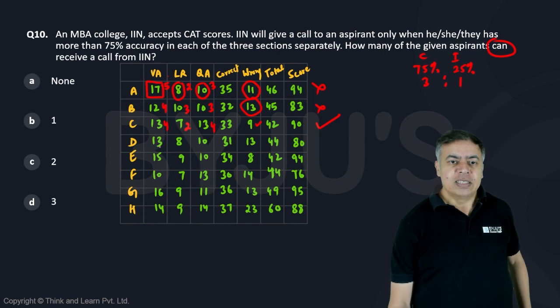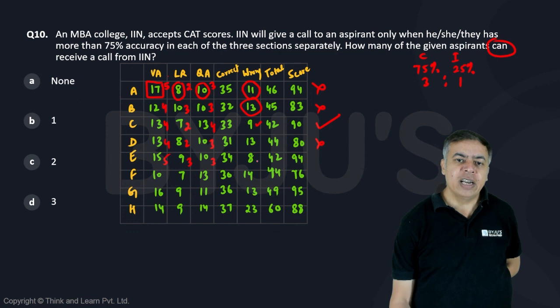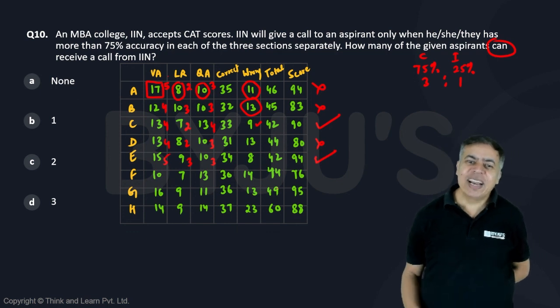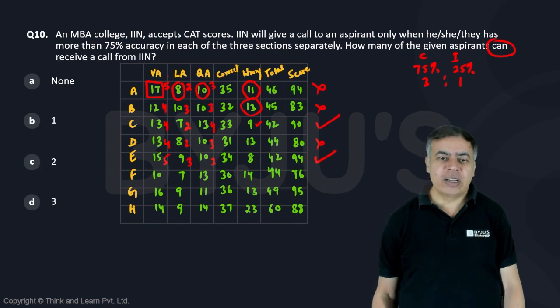Then similarly you will count quickly: 13 gives 4, 2, 3 gives 4, 2 is 6, and 3 is 9. Here 13 is not possible. 5, 3 and 3, 5, 3 is 8 and 3 is 11, not possible. Another one is possible, because you have only 8 incorrect and you can have 11 incorrect here. So E also is possible to get a call.